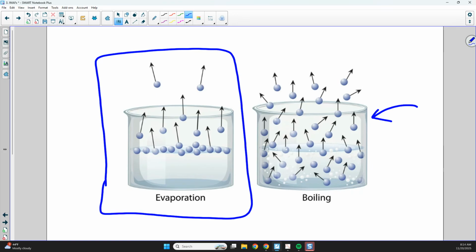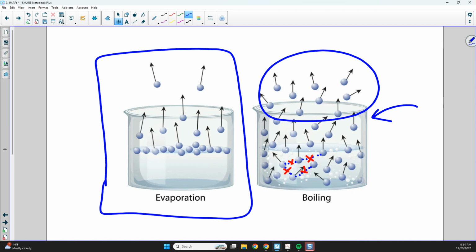Boiling occurs when IMAFs, that is these attractive forces between molecules in their liquid form, are overcome. So if you apply enough heat, you can break these attractive forces, and then the liquid molecules are able to escape into the air as gas. They're no longer attracted to each other.